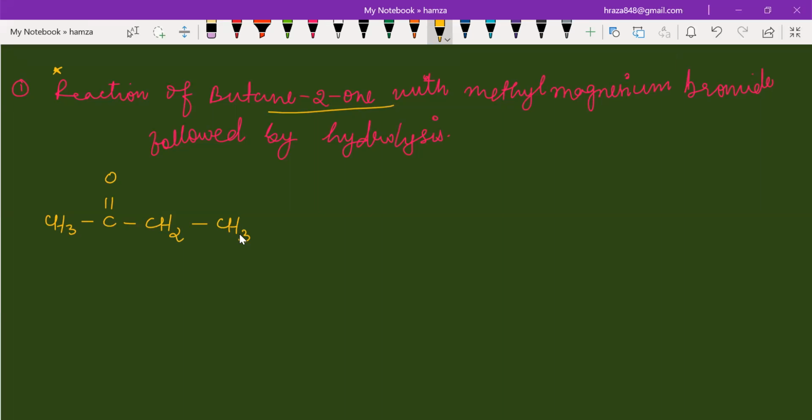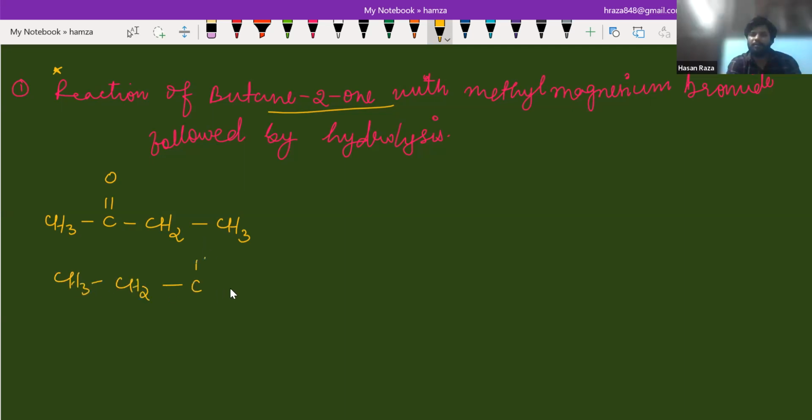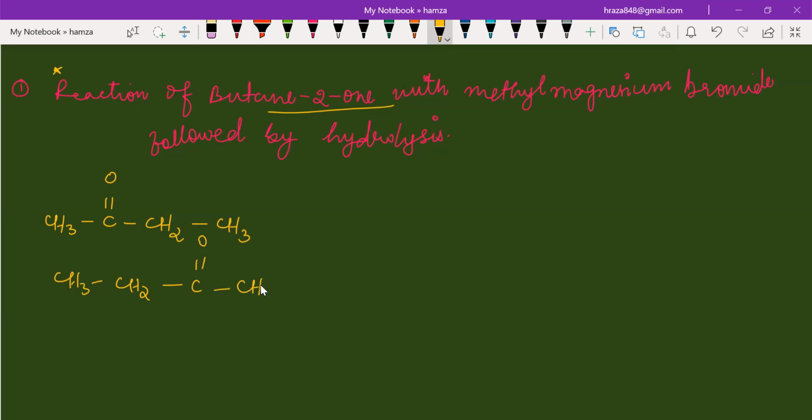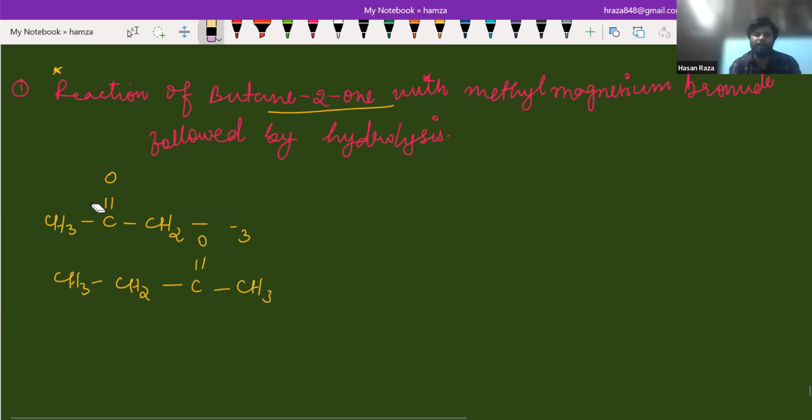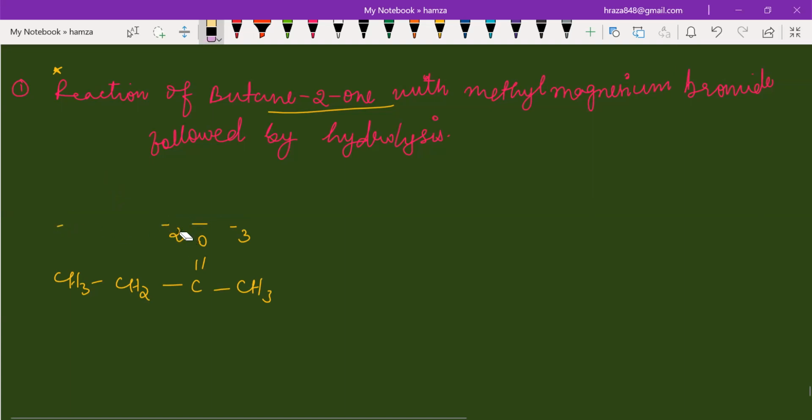My carbon is on the third position, that's the only difference. From the right hand side it is on the second position, right? So both are correct. You take it like this.